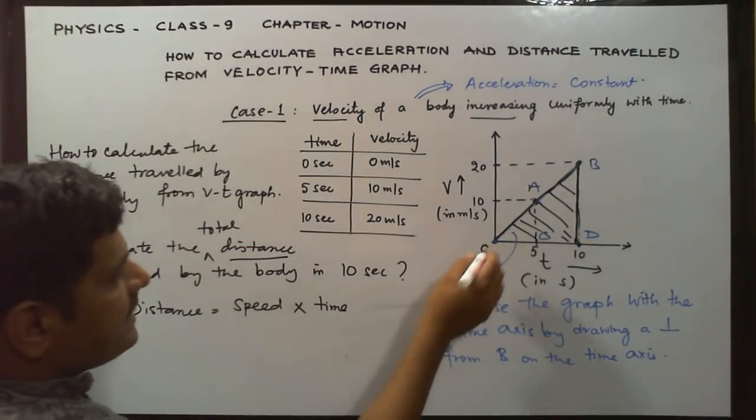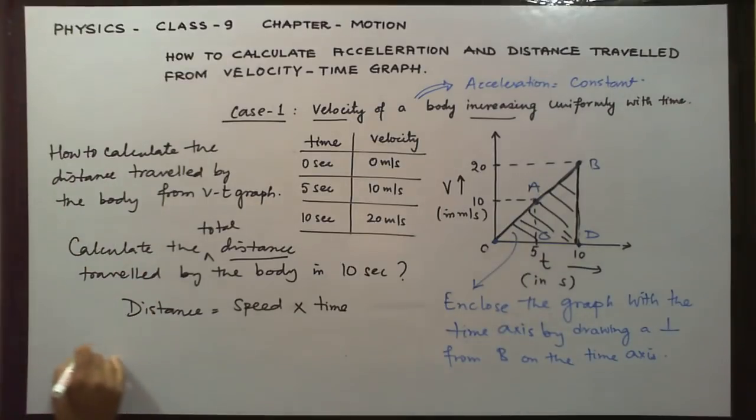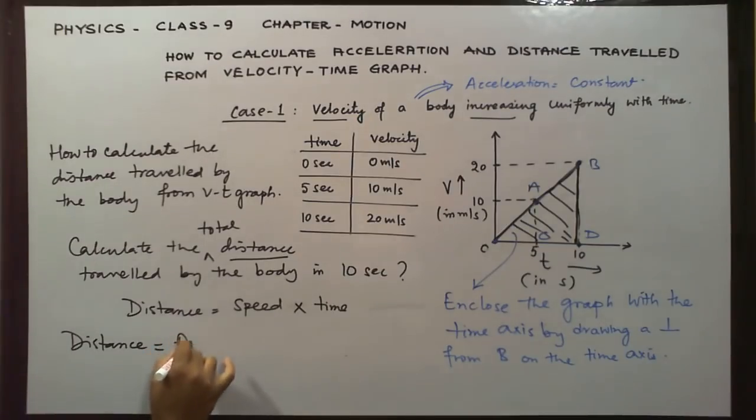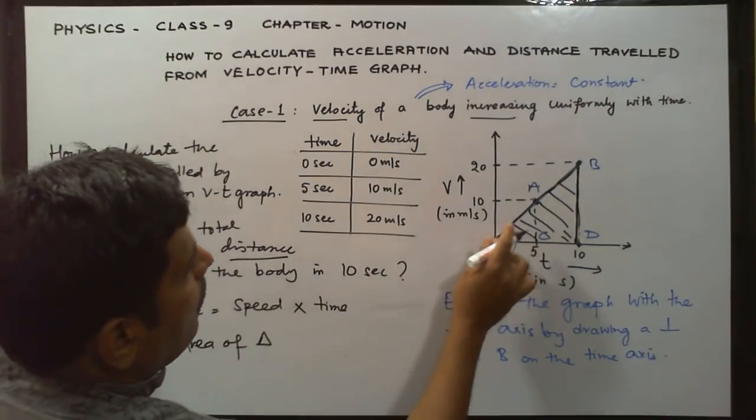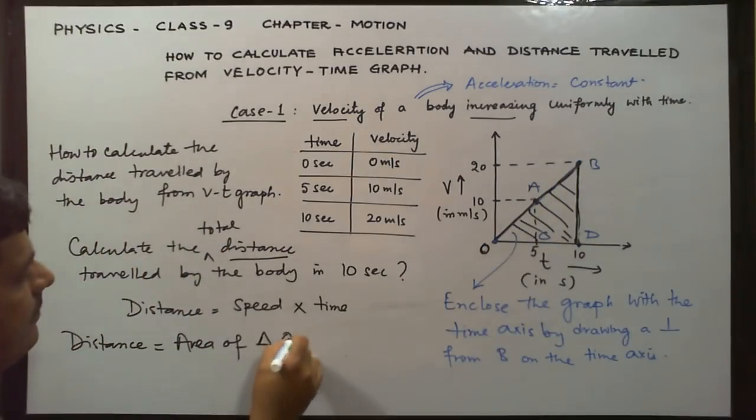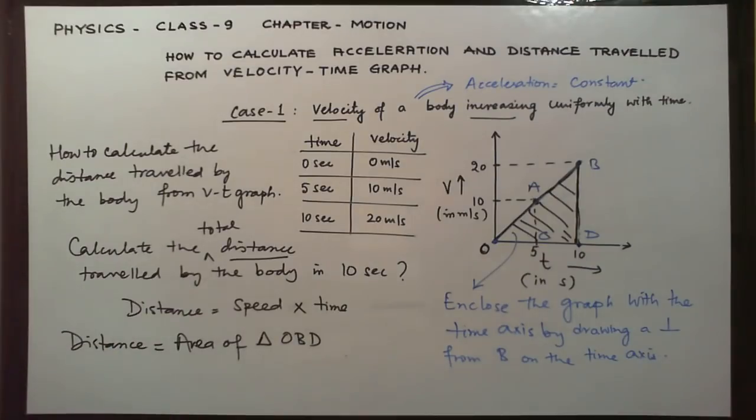So distance is equal to the area of triangle OBD. If you find out the area of triangle OBD, you will get half into base into height.